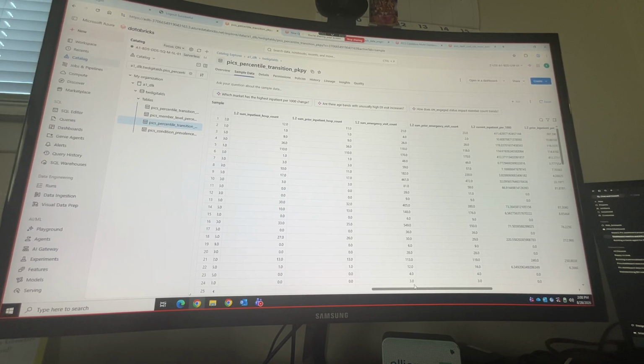You can have the total cost, and then prior total cost, and the sum of member count and sum of member months. I think that's good. And then maybe merge these two tables together.